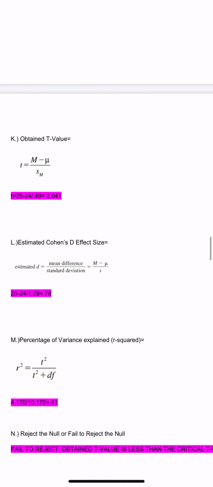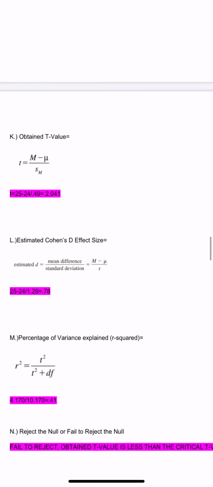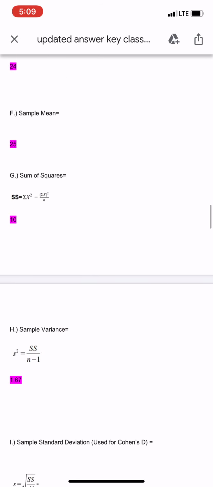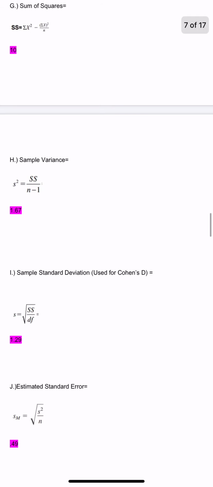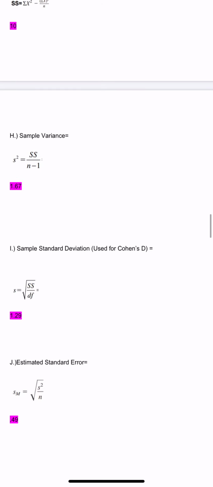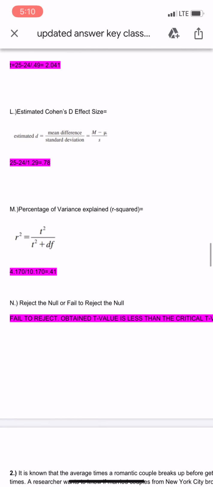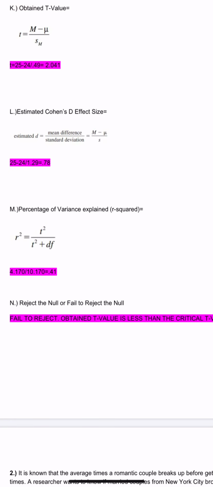So even if something isn't statistically significant, there could still be an effect size. If you do the Cohen's d effect size, you do M minus mu over s, right? And s is this value up here. S is the sample standard deviation, 1.29. So you just take the deviation from the mean, which is 25 minus 24, divided by 1.29, and you get a 0.78, right?